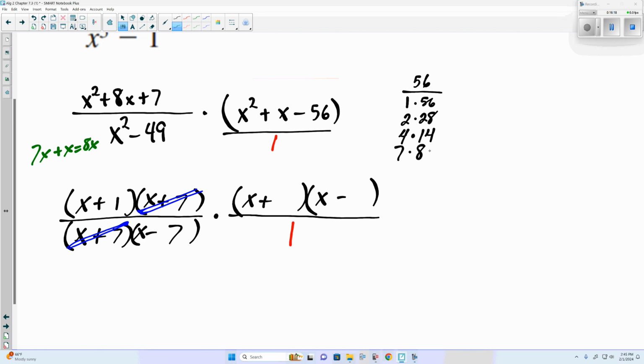Which one do we want to try? 7 and 8. Which one's positive, which one's negative? 7's in the negative. 8's in the positive, and we can check to make sure. X times negative 7 is negative 7x. 8 times x would be plus 8x, giving us a positive x.